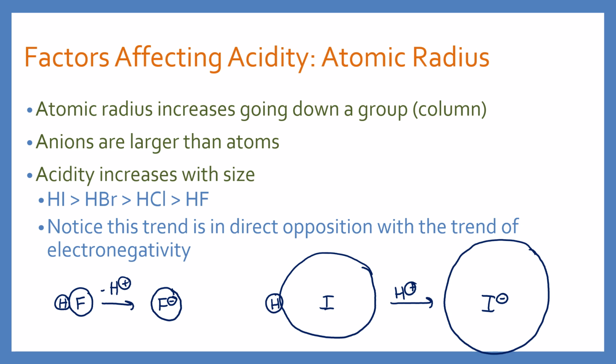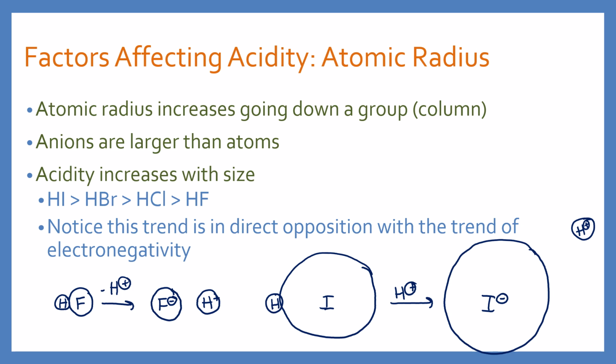The other thing is the big fluffy negative charge is not going to be as interesting to a teeny tiny H+ as, say, our teeny tiny F-. I don't know why my H+ got so big. It would definitely be smaller than hydrogen to begin with, but I needed to include my plus charge.